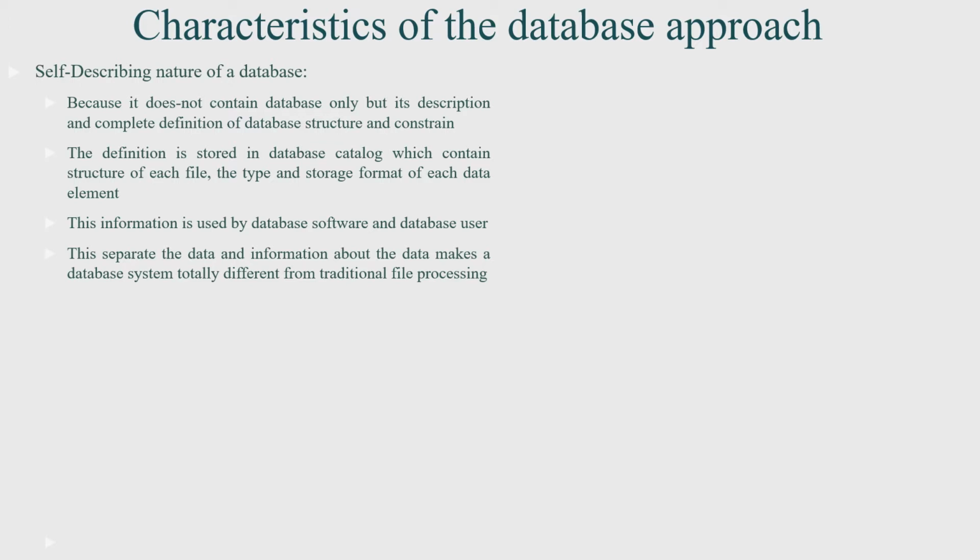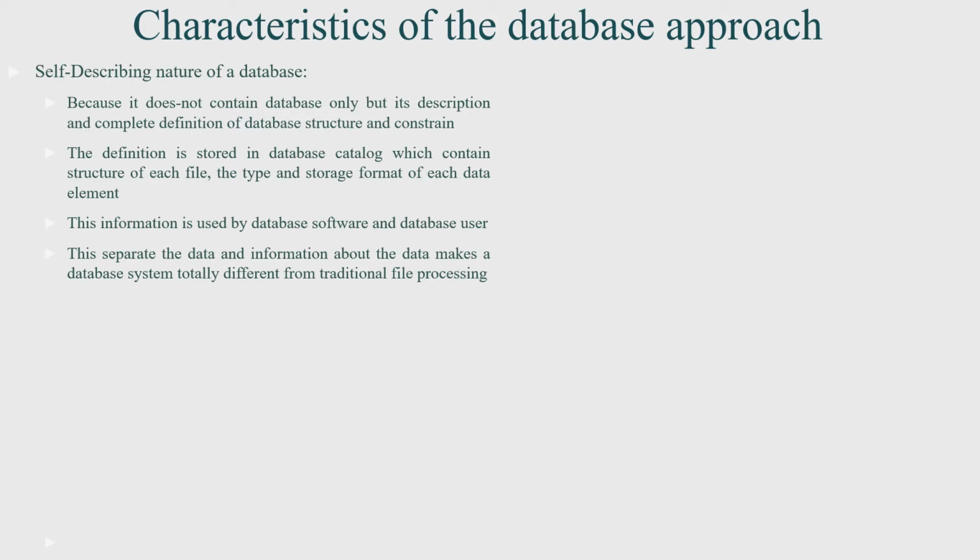Next, this information is used by the database software and database users. Who is going to use this? The end users are going to use it with the help of a query, and software retrieves things for different purposes. For this reason it has a separate entity of data and a separate entity of information, which is totally different from your traditional file storage.